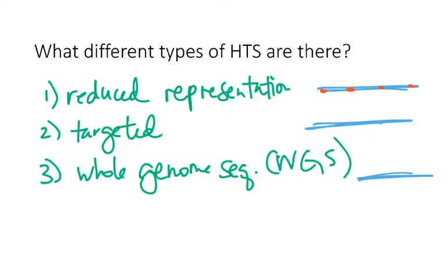With targeted, what we're doing is sequencing one particular region only out of the entire genome, but we're sequencing that one region a lot. And with whole genome sequencing, we just sequence the whole thing. So that's a general overview of how these different types of sequencing are different, and we'll go into the details in the rest of the video.